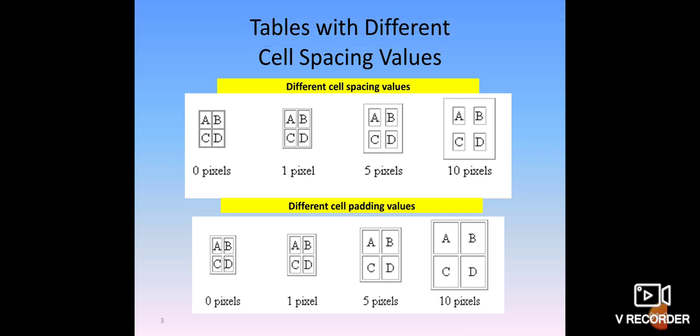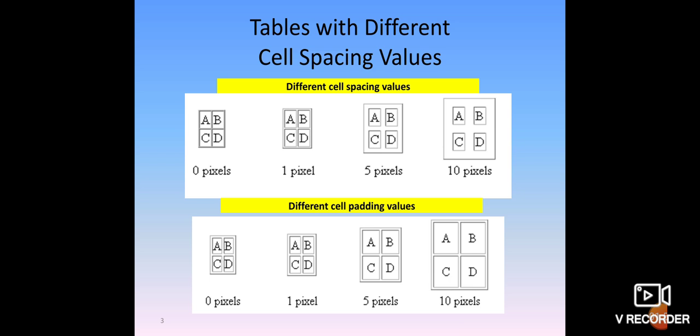Here, I have given you tables with different cell spacing values. See, the first one, 0 pixels. There are 4 cells, A, B, C, D. With 0 pixels, there is no spacing at all, so it's very clumsy. It's not good.